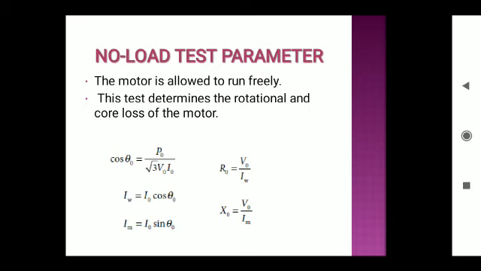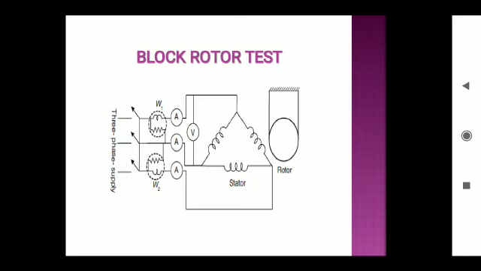Now the next part is the block rotor test or short circuit test. This test is analogous to the short circuit test of a transformer. In this test, the shaft of the motor is clamped so that it cannot move, and the rotor winding is short circuited in a slip ring motor.